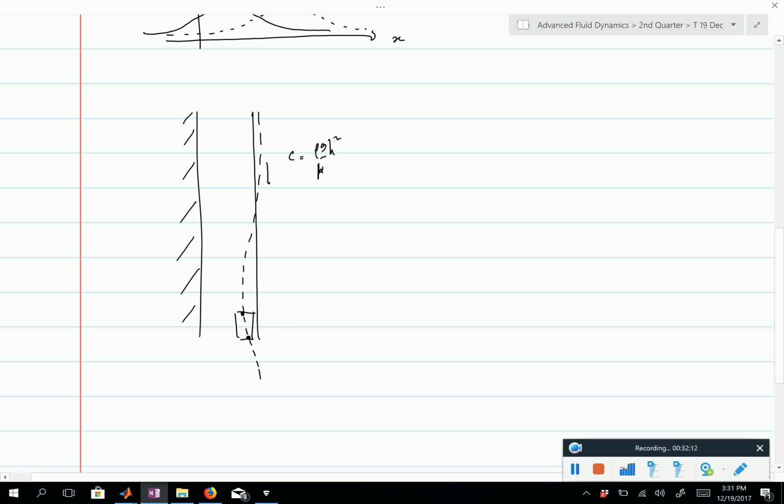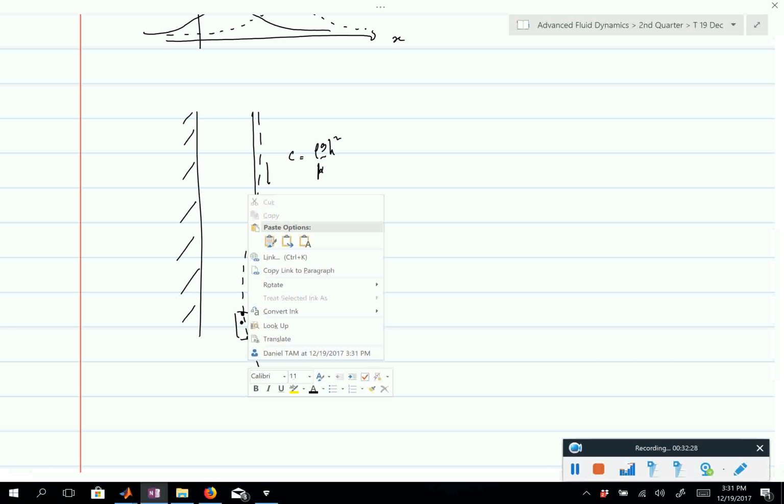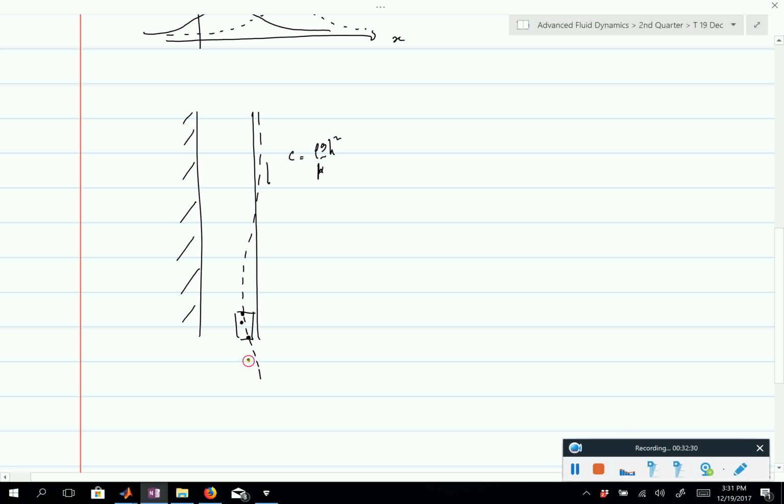Here the velocity is going to be a little bit slower than here. So later on, this point will have displaced over a slightly larger distance, because the velocity is a bit larger. So that little feature tends to get flattened out.